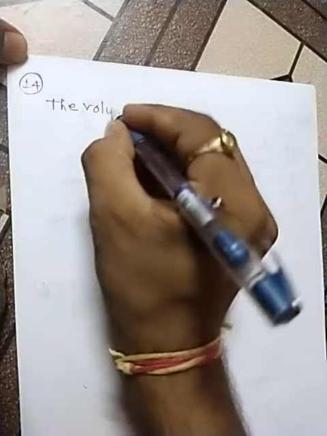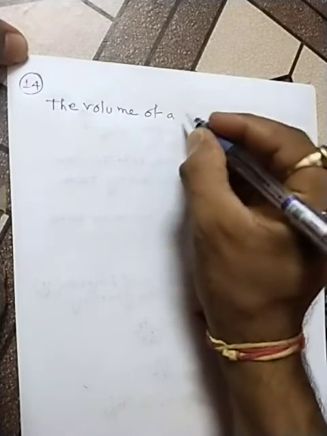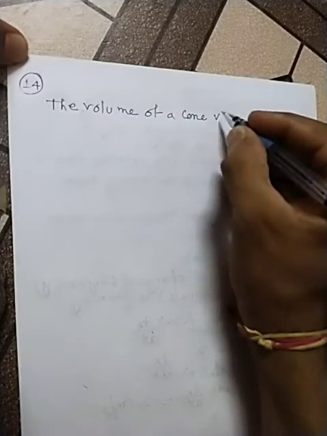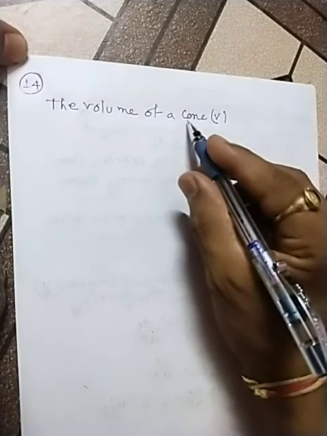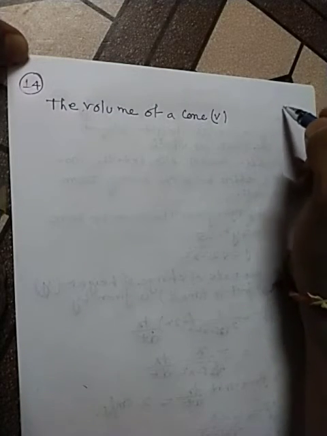See, the volume of a cone. Why have we taken a cone? Because sand is pouring. If you pour sand, it will always form a cone.